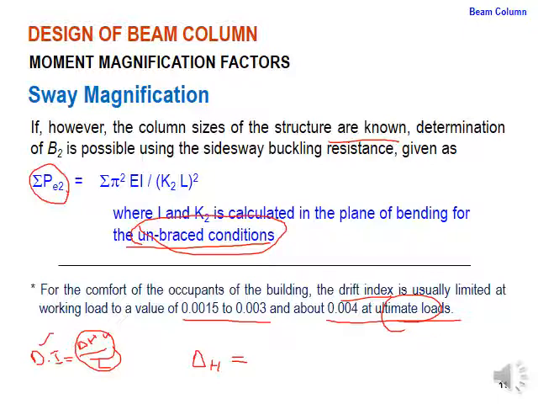So for the service design we take the value 0.004, and we multiply this drift index 0.004 with the story height. That gives you the drift value, delta H, which is used in the equation given in slide number 10. So the steric part is for slide number 10 particularly, and has nothing to do with this equation.